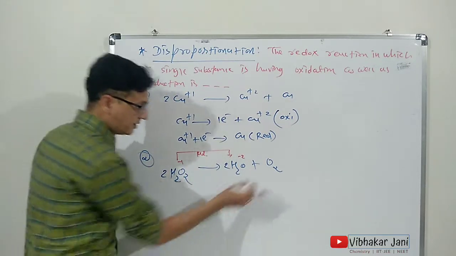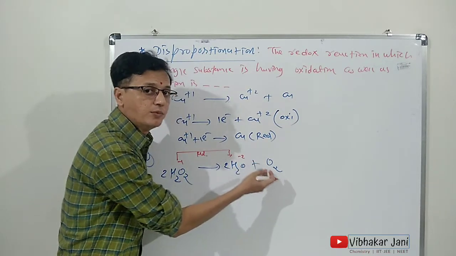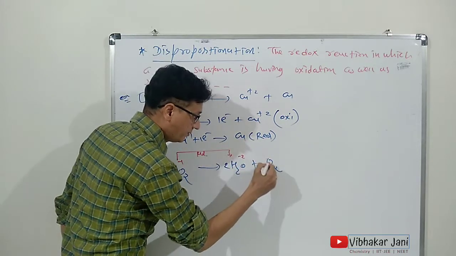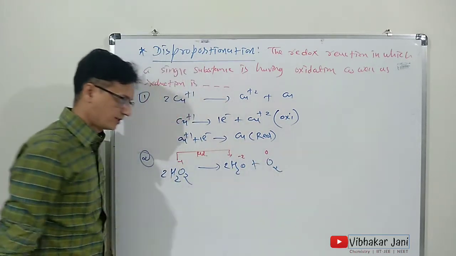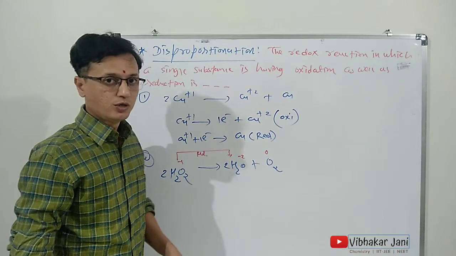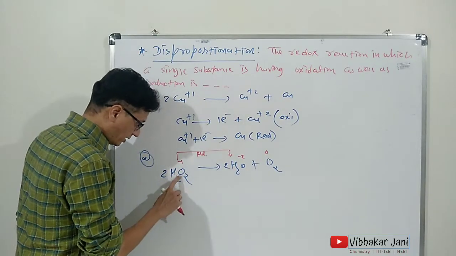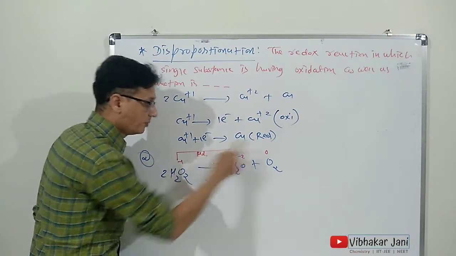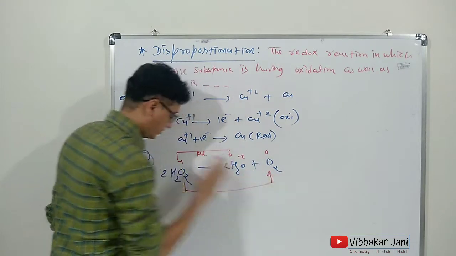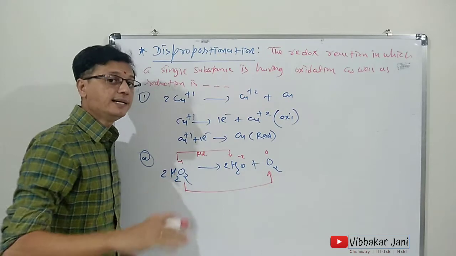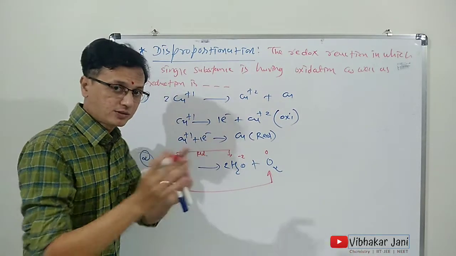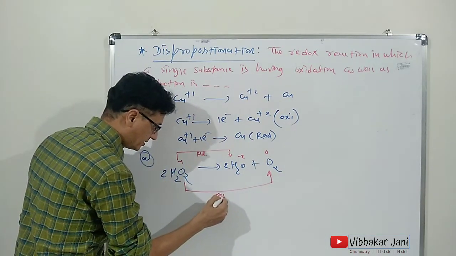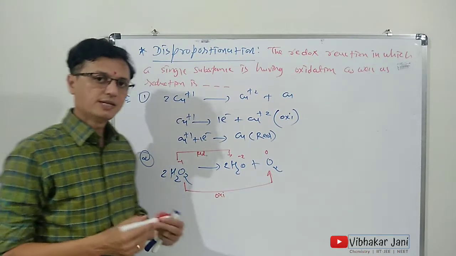But if you see this oxygen, this is a neutral molecule, and we know very well if a molecule is neutral, then its oxidation state is 0. So this oxygen, which was having -1 oxidation state, now becomes 0. So -1 to 0, that is increased by 1, and as the oxidation number increases, it is known as oxidation.